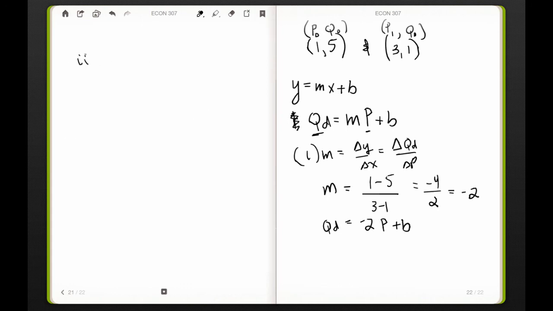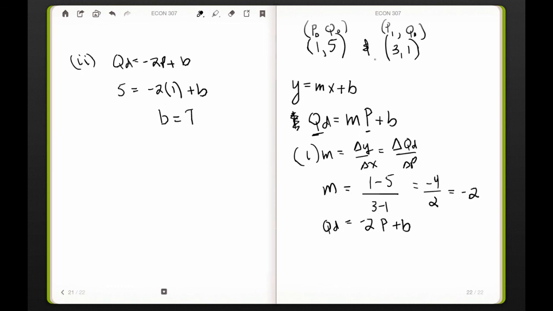Our next step is to use these clues that were given to us about these ordered pairs and solve for B. So I've got QD is equal to negative 2P plus B. I know that when quantity demanded is 5, price is 1. So I can write 5 is equal to negative 2 times 1 plus B. When I solve for B, I get B is equal to 7.